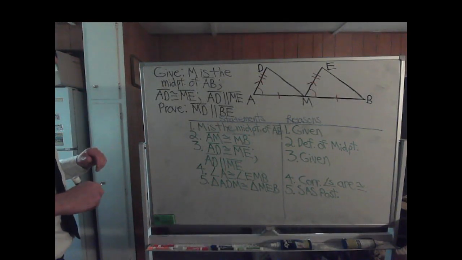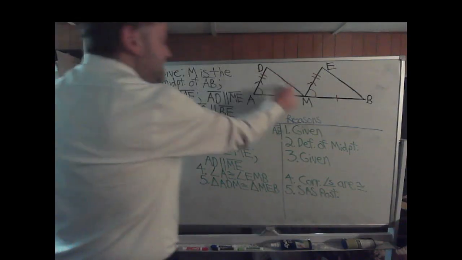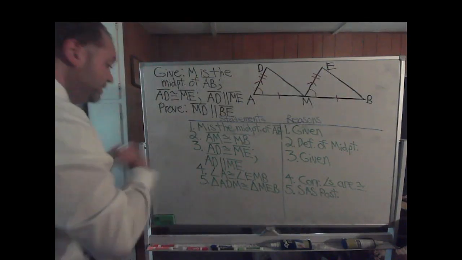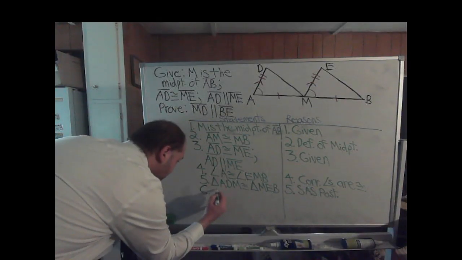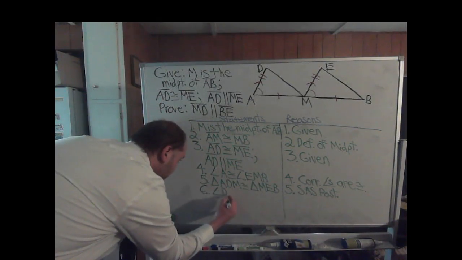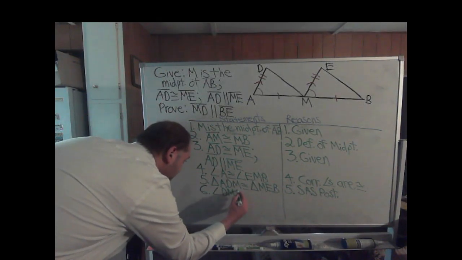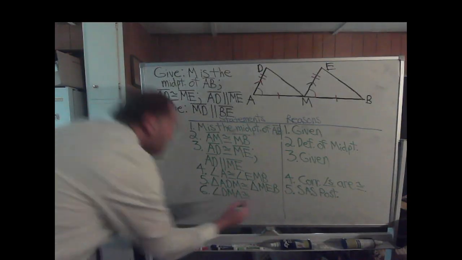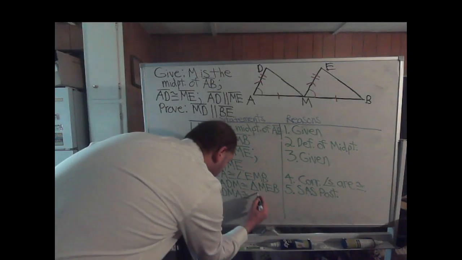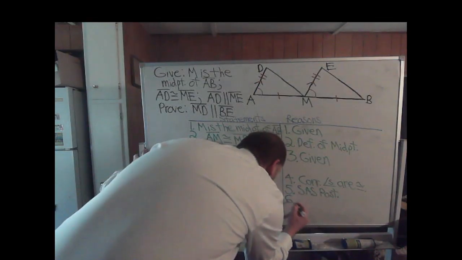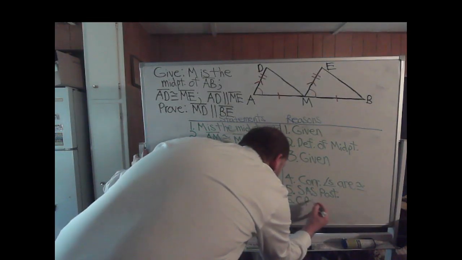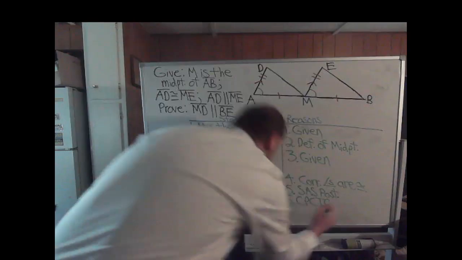We can actually now say that angle DMA is congruent to angle B. Why is that? Since we've proven the triangles congruent, we can say angle DMA is congruent to angle B by, you guessed it, CPCTC. Congruent parts of congruent triangles are congruent.